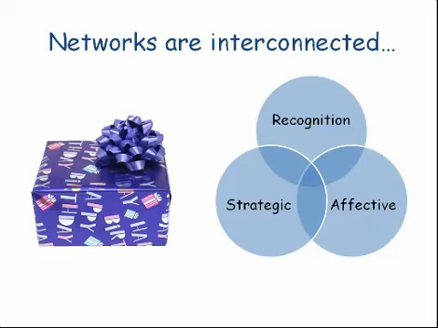So if you took the idea of just wrapping a present, the recognition side of it is that you're recognizing that one of your friends has a birthday, and you want to buy them a really special gift. Your strategic piece is knowing where to go get the gift, knowing how to purchase the gift, knowing that I need to actually wrap it or place it in a gift bag.